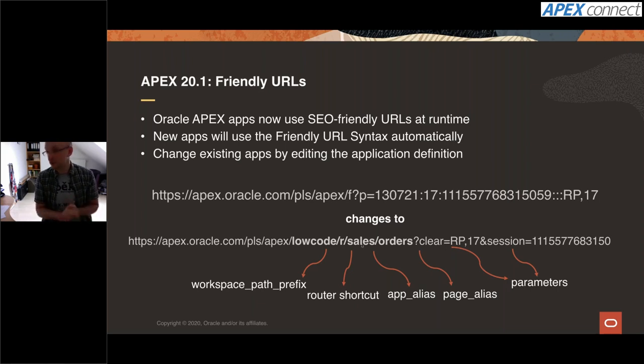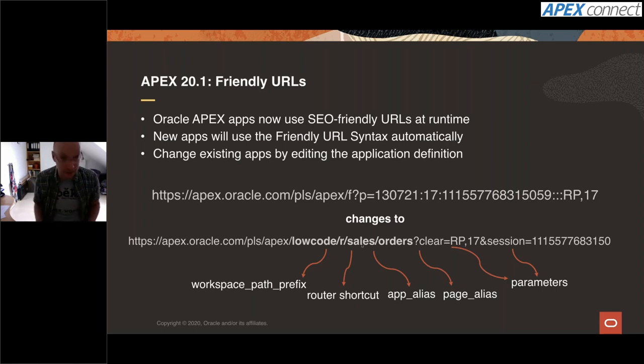And the value of this is that those Apex applications will work better together with web servers. Even if you have an Apex app facing the internet, this is a great improvement because this is much more search engine friendly than the previous f?p URLs.